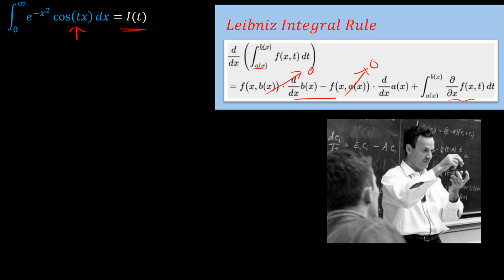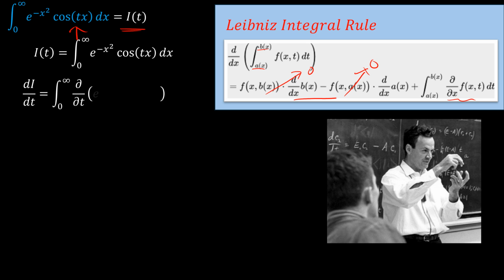This idea was actually made really popular, and Feynman talks so passionately about it in his books. But let's not dwell on that. So if I of t equals this integral, then if we differentiate it with respect to t, we're going to integrate the partial derivative of the integrand with respect to t.